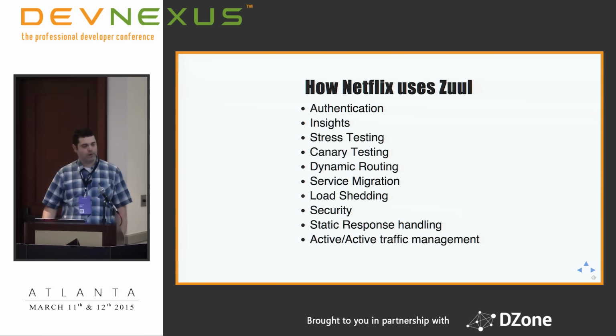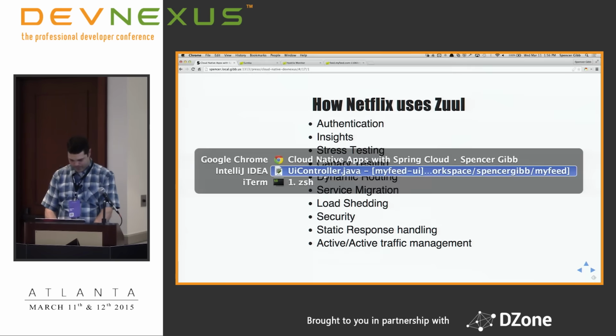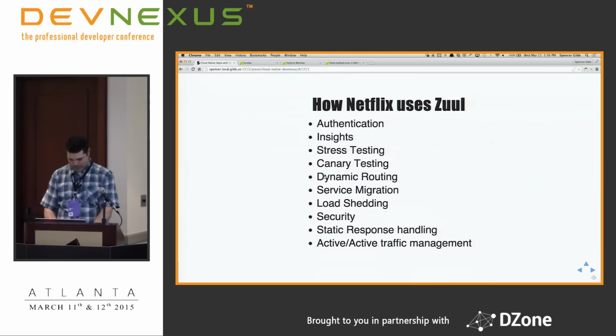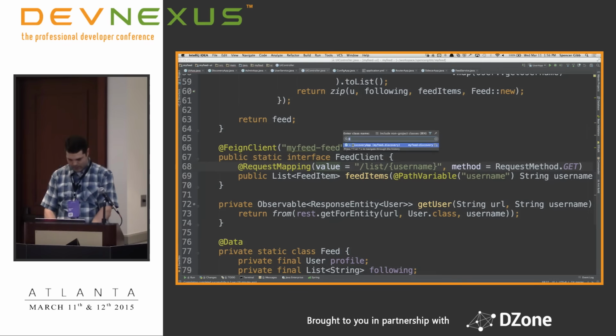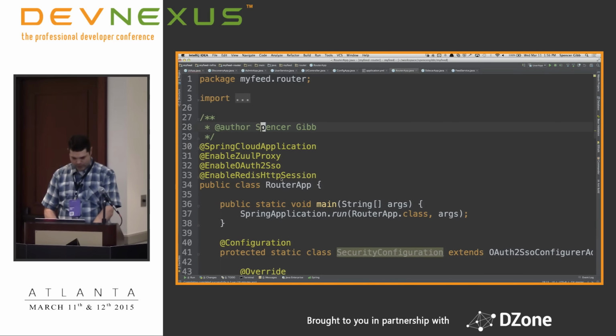And I have an issue to integrate that, so you could load your filters from some other source than your jar class files, right? So let's take a look at our router. So ignore some of these other ones for a minute.